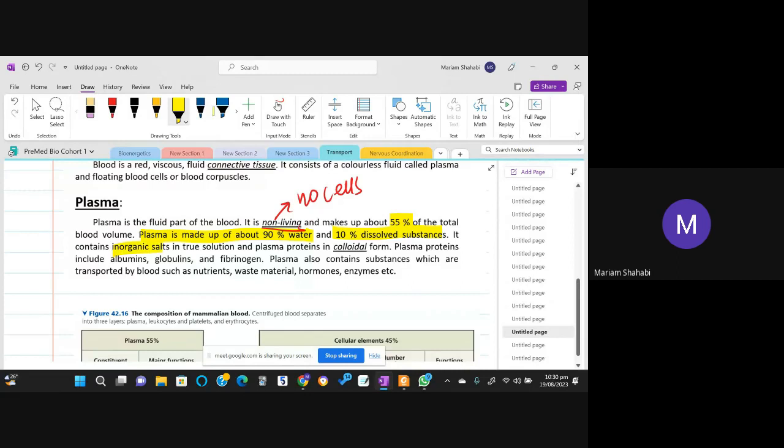It contains inorganic salts, and it also contains plasma proteins. The plasma proteins are like colloids. Plasma proteins, ये वही plasma proteins हैं जिनकी अगर कमी हो जाए, then it will result in edema. The plasma also contains substances which are transported by blood, such as nutrients, waste, hormones, enzymes, etc.